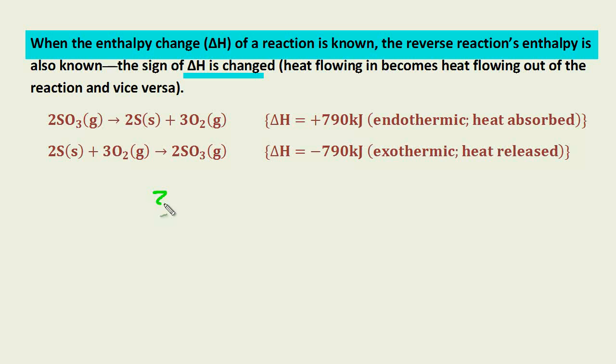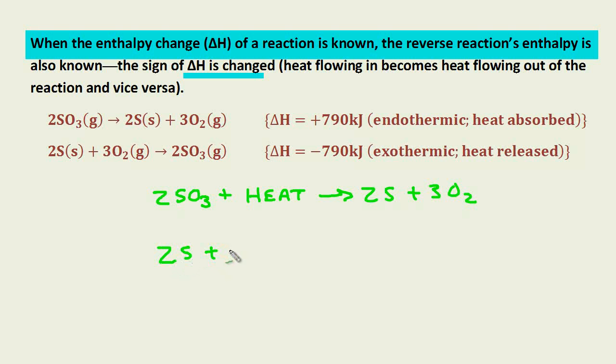That means 2SO3 plus heat yields 2S plus 3O2 is an endothermic reaction, and to write it as an exothermic reaction, all I have to do is reverse the reaction, which is 2S plus 3O2 yields 2SO3 plus heat.